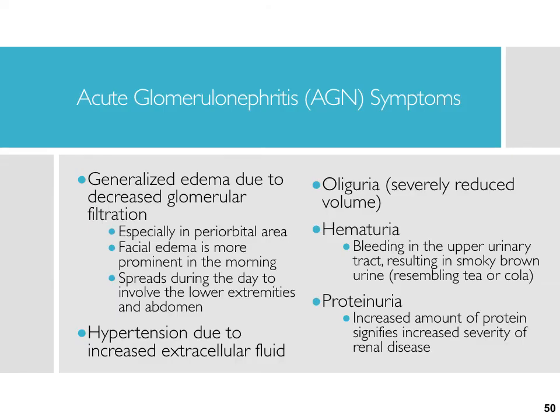So when we look at the symptoms that are associated with acute glomerulonephritis, or AGN, we see generalized edema, and that's because the decreased glomerular filtration allows proteins to escape out, and this increases the edema that's present usually in periorbital areas around the eyes.